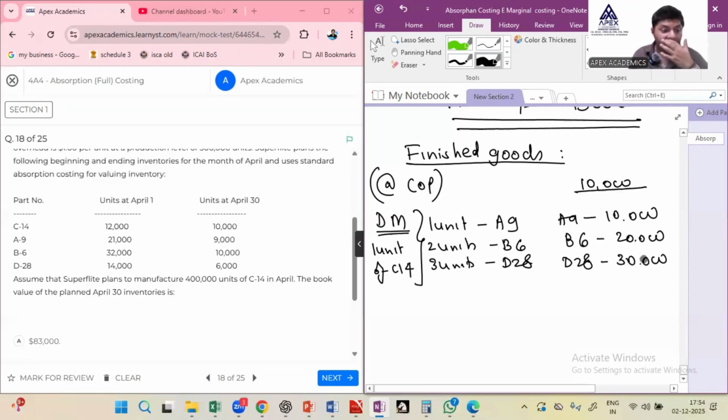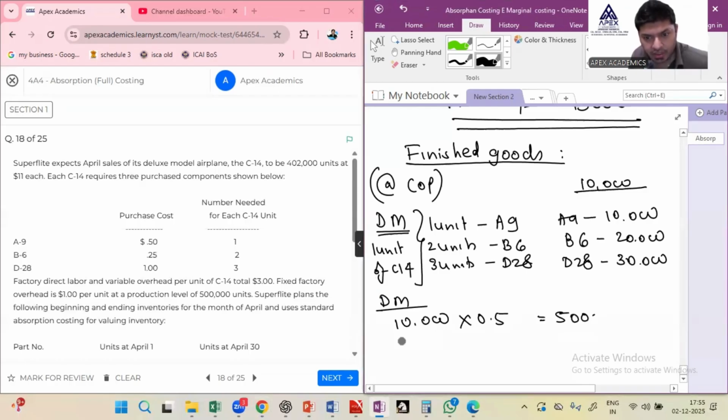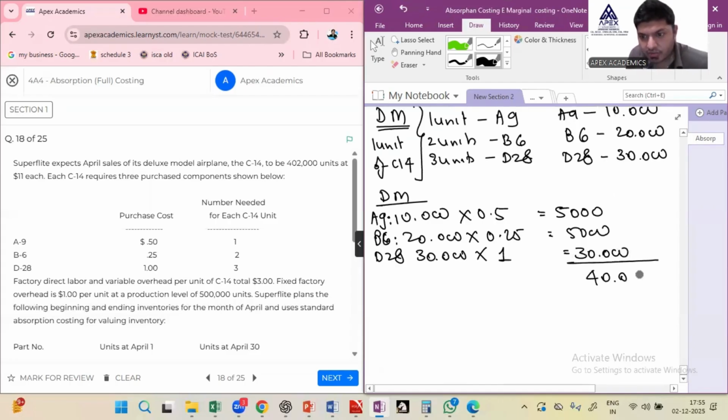So from this perspective, my direct material value will be 10,000 of A9 at the rate of 0.5, which is equal to 5,000. 20,000 of B6 at the rate of 0.25, which is again 5,000. Then 30,000 of D28 at the rate of 1, which is equal to 30,000. So my direct material value in this is 40,000.